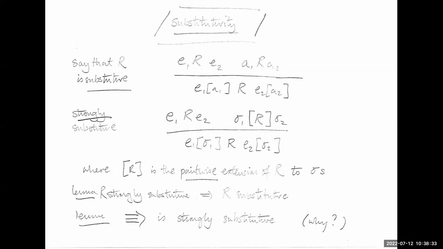So we need another property of relations. And I've rather suggestively written R here, but this is now a hypothetical general R. We say the relation R is substitutive if it has the property we've just seen for superparallel reduction. But I talked about the inventor's paradox yesterday.